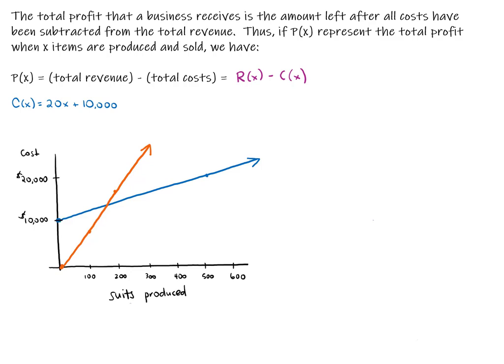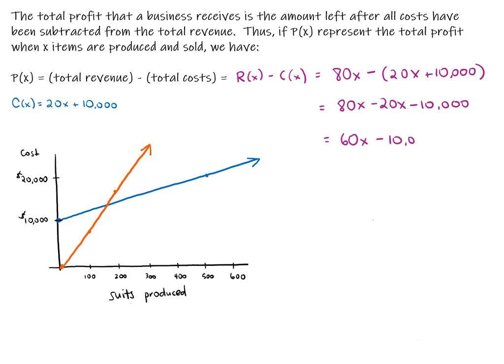Let's go ahead and simplify that. We would have 80x minus (20x plus 10,000). Make sure you use parentheses to keep everything together, because you'll simplify that to become 80x minus 20x minus 10,000. So our total profit would actually be 60x minus 10,000.